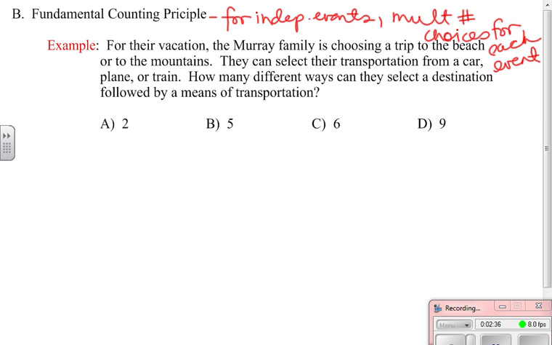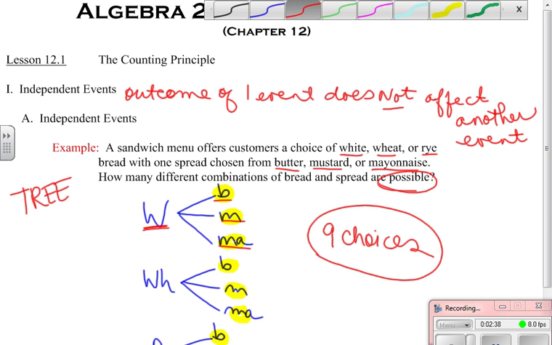So going back here, to use the fundamental counting principle, we had 3 bread choices and 3 spread choices, and that also gave us 9 choices. So we know it works.